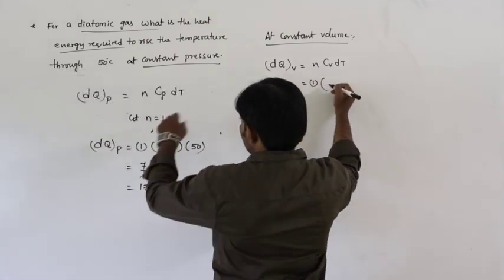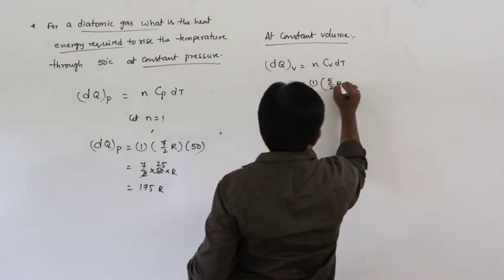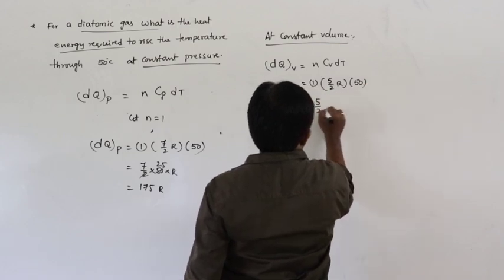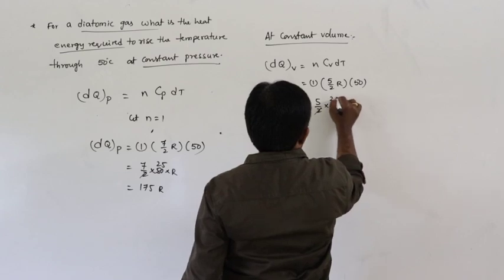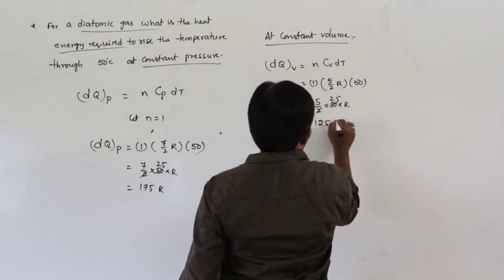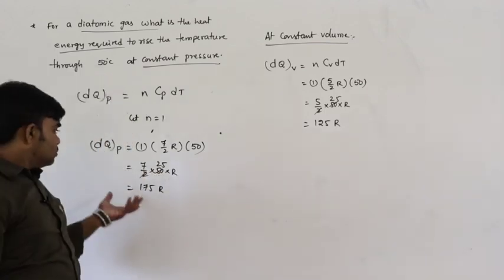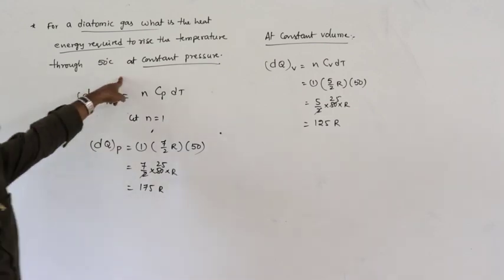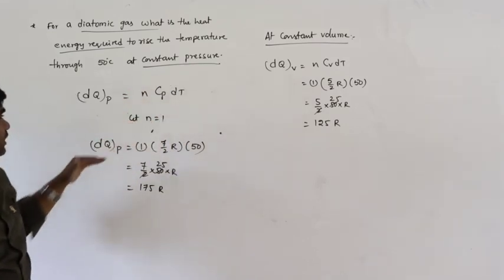For a diatomic gas, Cv is how much? 5/2 R. dT is 50. So that is 5/2 into 50 into R, that is 125 R. That is the situation. So how much heat energy is required to raise the temperature through 50 degrees Celsius at constant pressure and constant volume? Directly we can write this.